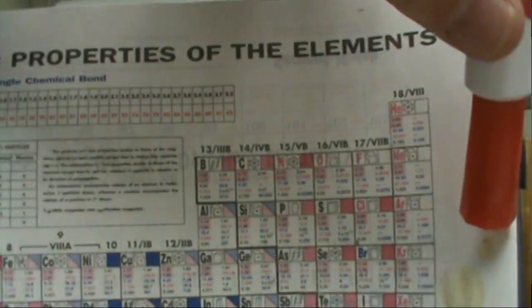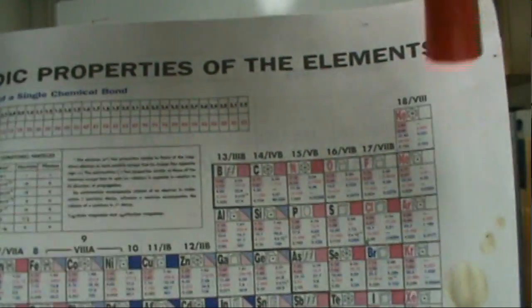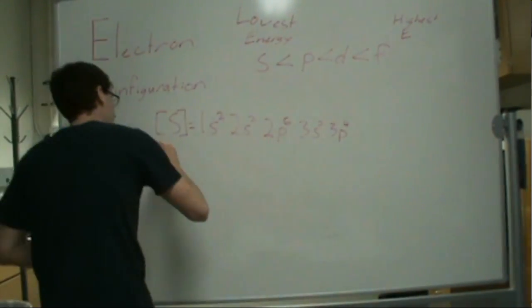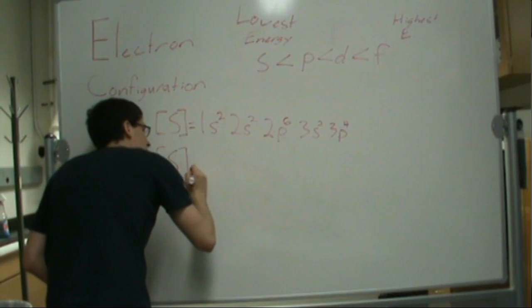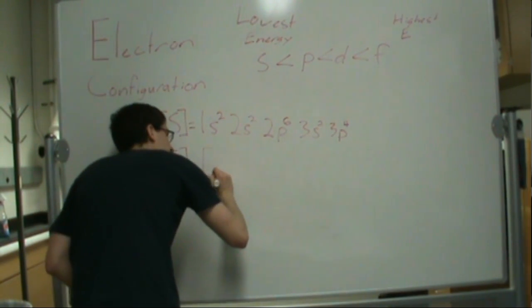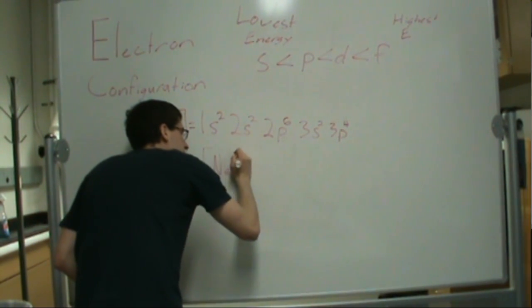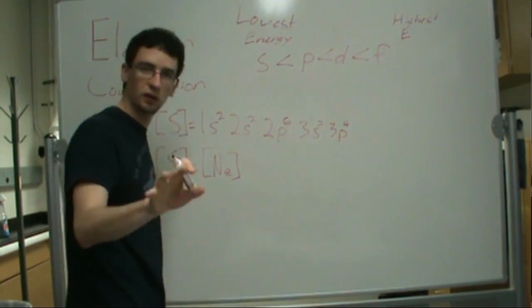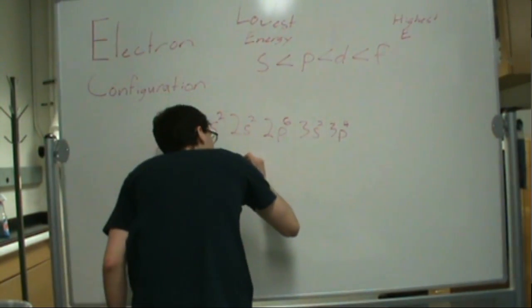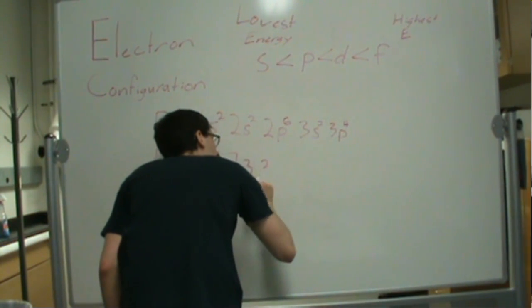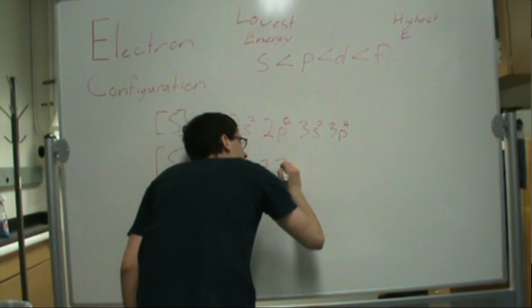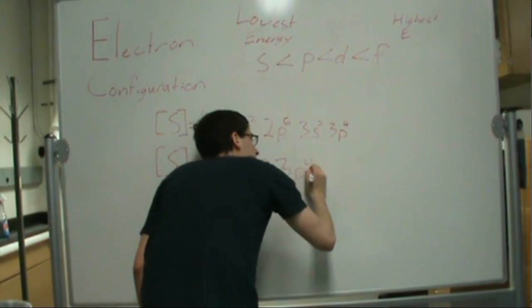You don't go the other way, you go to the lower atomic number. In this case, it would be neon. So we could also express sulfur as the same electron configuration as neon, and then just include the valence orbitals. So it'd be 3s2 and then 3p4.